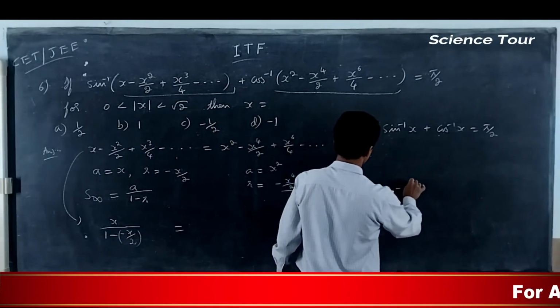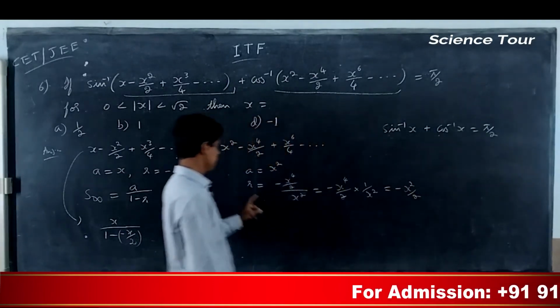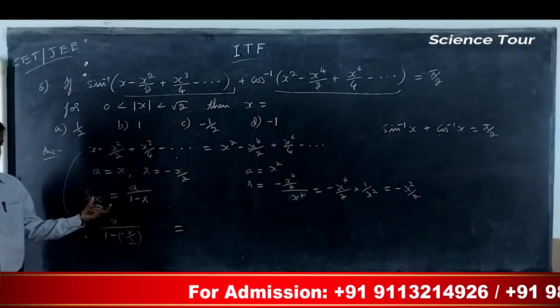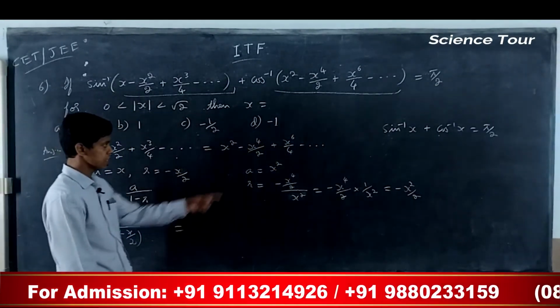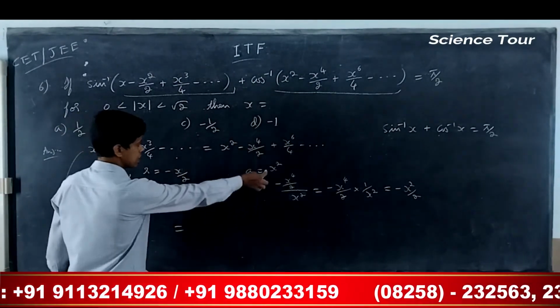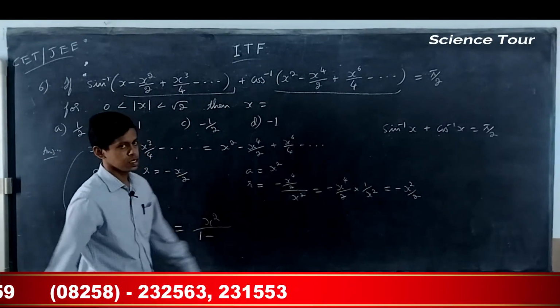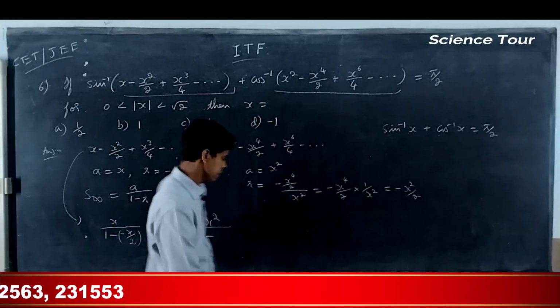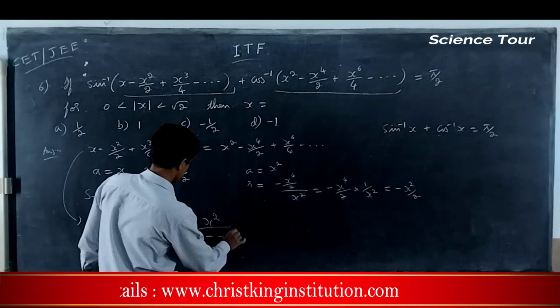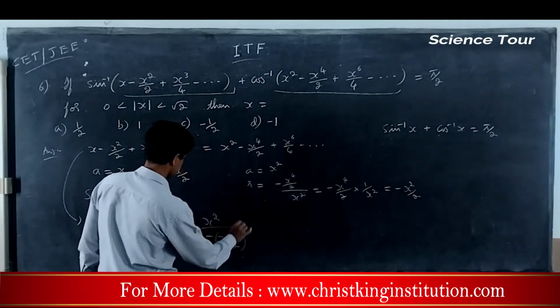So minus x square by 2 is the common ratio, and the formula is the same. S infinity is A divided by 1 minus R, where R is minus x square by 2.